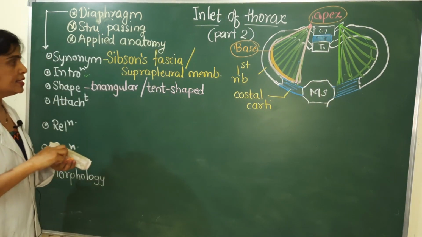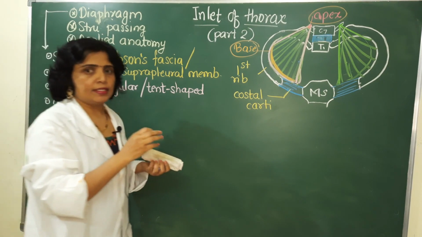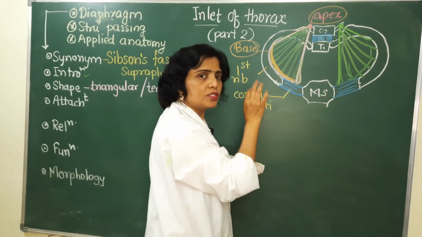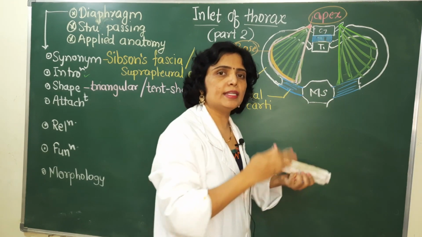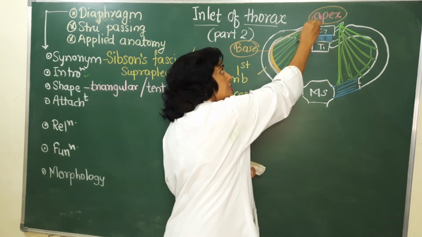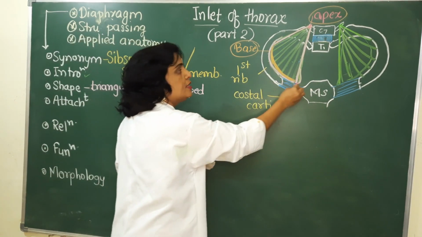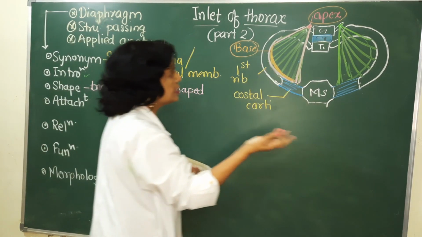Now we will see where exactly the apex is attached. From the diagram it is clear, it is attached to the tip of the transverse process of C7 vertebra, while the base is attached to the inner border of the first rib and its costal cartilage.